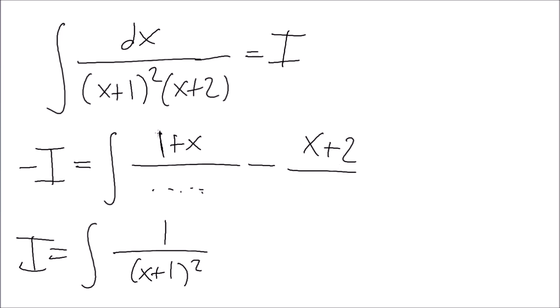And then x plus 1, 1 plus x here, which canceled out one of this. So we have minus (x plus 1)(x plus 2).